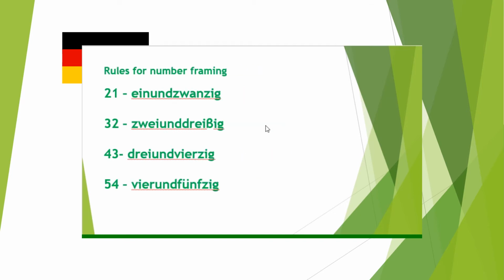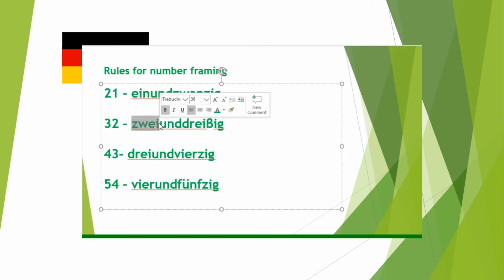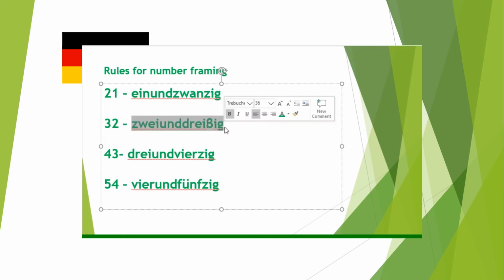So, rules for number framing. If you see 21, how can I frame 21? To do that, we have to think about how 20 is framed: 1 plus 20. So 1 is ein, then we add und, and 20, zwanzig. Similarly 32: 2 is zwei, so 2 comes first, connecting is und, and 30, dreißig.